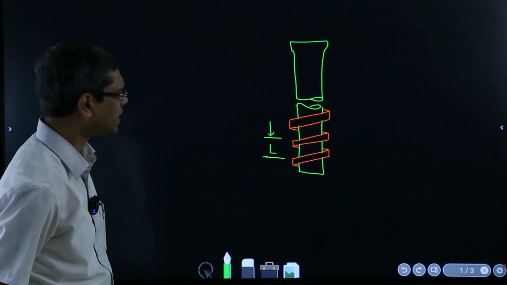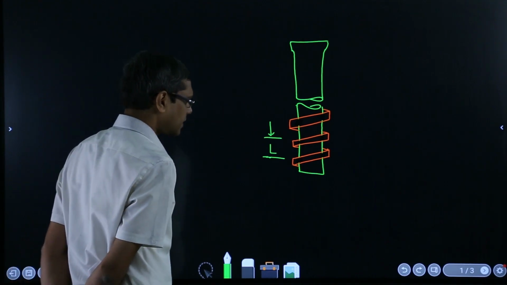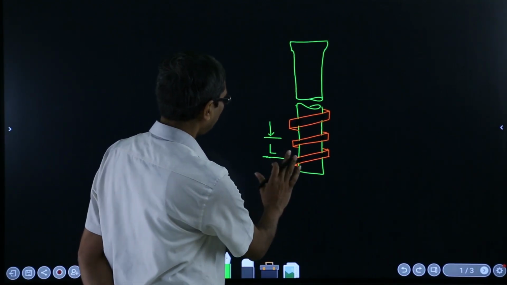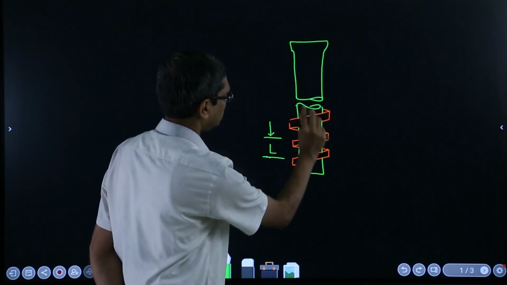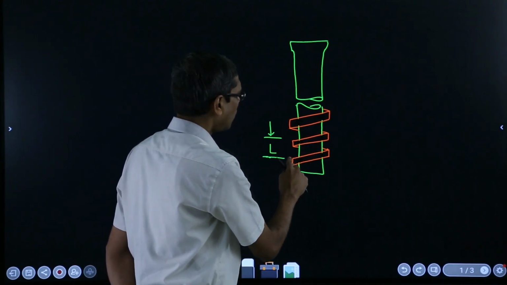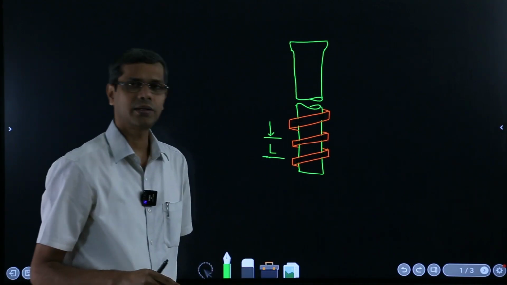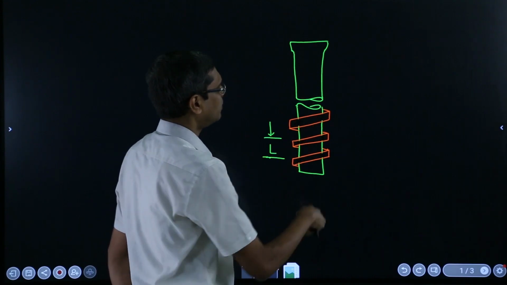There are some subtle differences between the lead and the pitch, so while discussing a problem maybe I'll come to that. But just for the time being, you just think that if I turn this screw thread, or if I move a single complete revolution on that thread, how far I'll move on the axis.